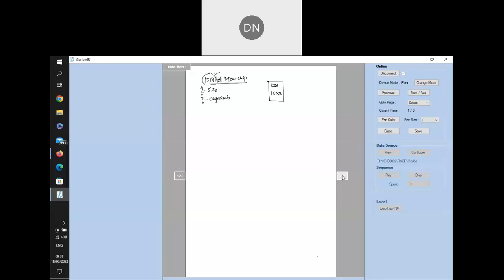If you multiply 16 into 8, I get 128 bits. Like this, for any chip you purchase from the market, first you have to ask the size of the memory in terms of bits, then how it is organized inside.